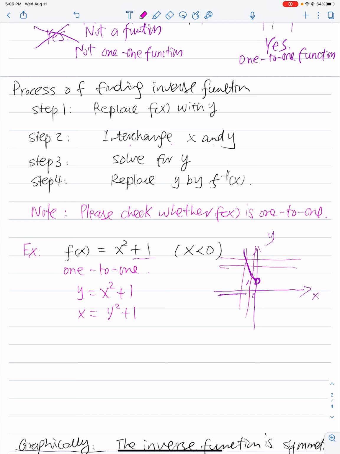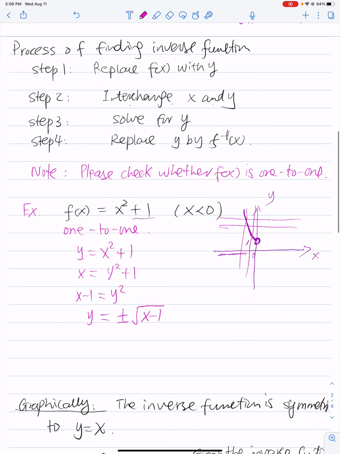So x minus 1 equals y squared, and y will be plus or minus the square root of x minus 1. But which one should we keep? This is the tricky part because we cannot have two answers here.